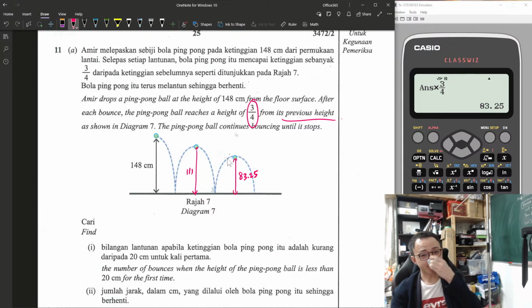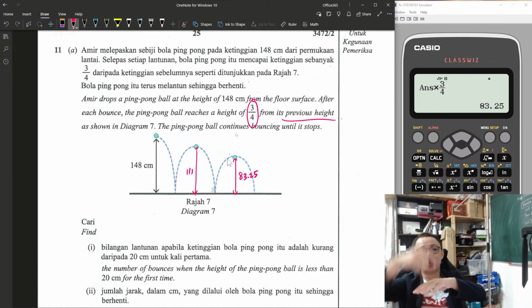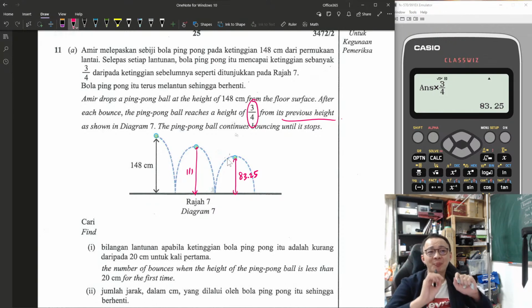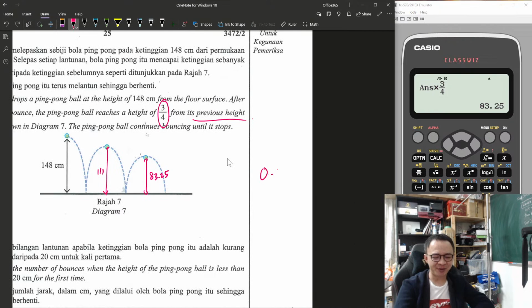So from this pattern, at least you should be able to understand, right? The ping pong ball is going to drop lower and lower and lower. Eventually it will stop. But the problem of the progression is like this: no matter what value you multiply by 3 over 4, you can never get 0. Let's say I get a super small value; when I still times 3 over 4, I still will get even smaller.